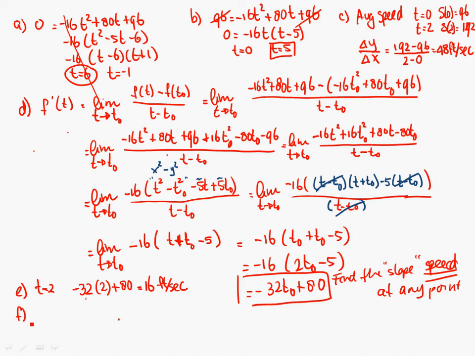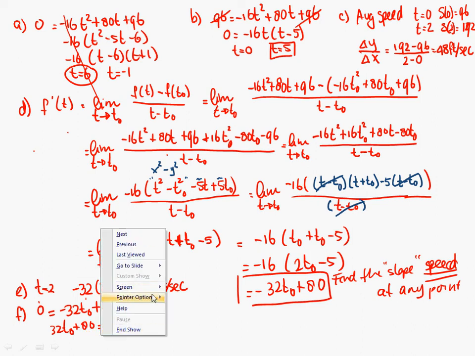Okay, when is the instantaneous speed of the ball equal to 0? So that's asking you this. When do I get 0 out of this? Why is that point important? Why would we want to know when the speed is 0? Yeah, it's the vertex of this parabola, right?